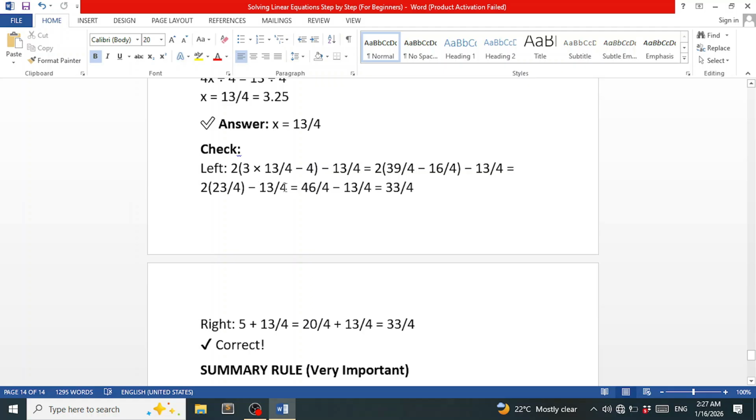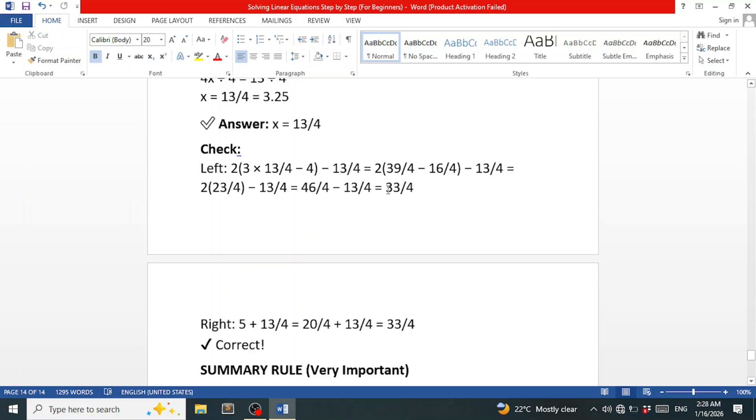We still deal with brackets first, then 2 times 23 over 4 gives us 46 over 4, minus 13 over 4, and 4 is common on the denominator. Then 46 minus 13 gives 33, everything over 4.